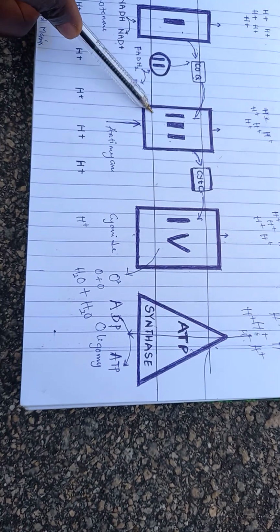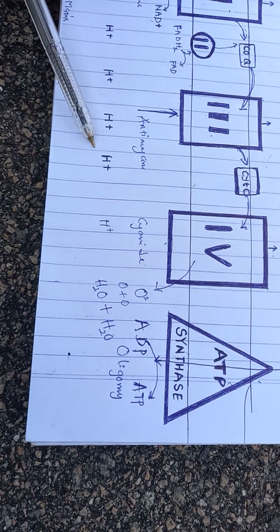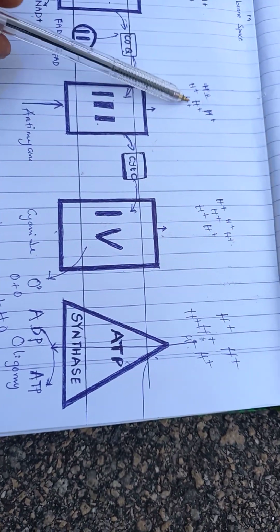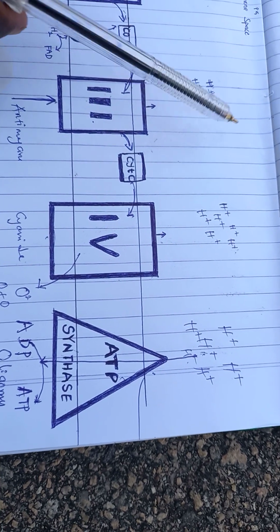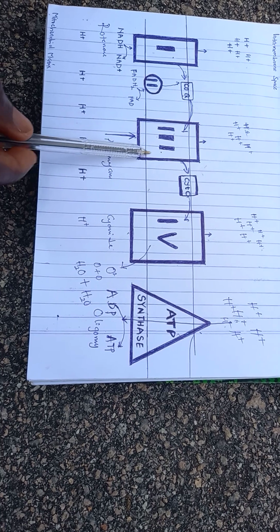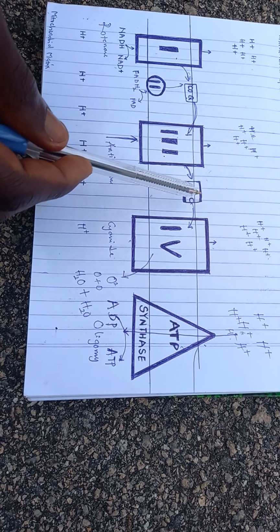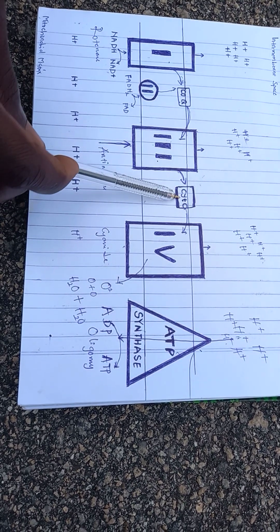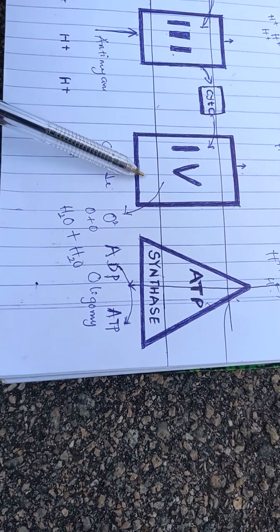Once the electron gets to complex 3, it gets supercharged and propels protons from the mitochondrial matrix into the intermembrane space, forming another mass of protons here. Again, the electron moves from complex 3 to cytochrome C. Once it gets there, it sits for a while and moves from cytochrome C to complex 4.